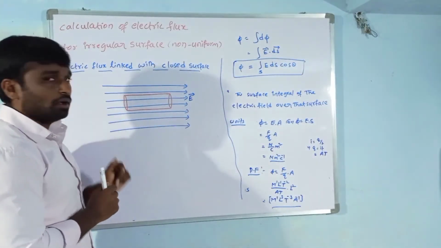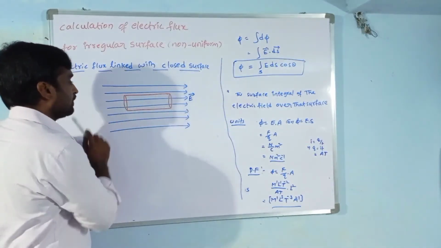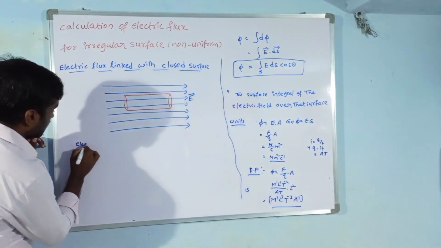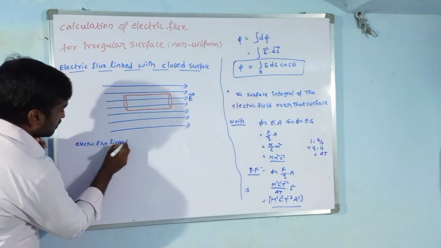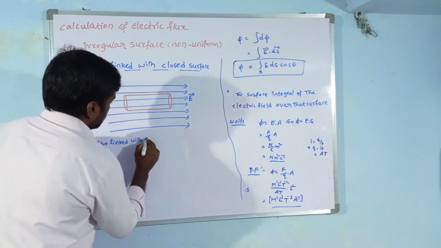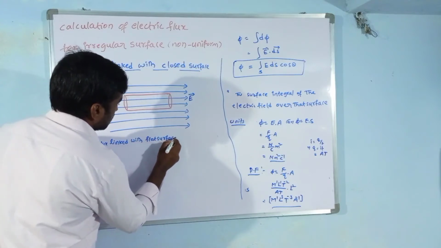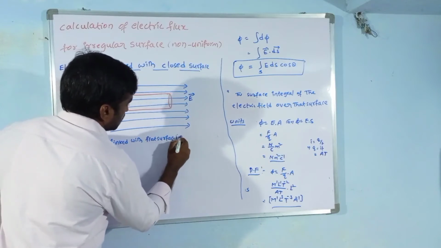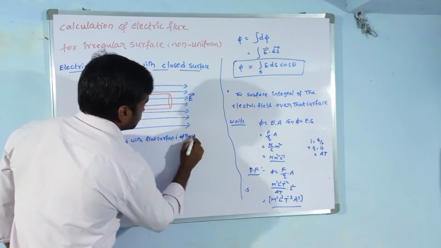First of all, let us find the electric flux linked with the first end, flat surface 1, of the closed surface of the cylinder.